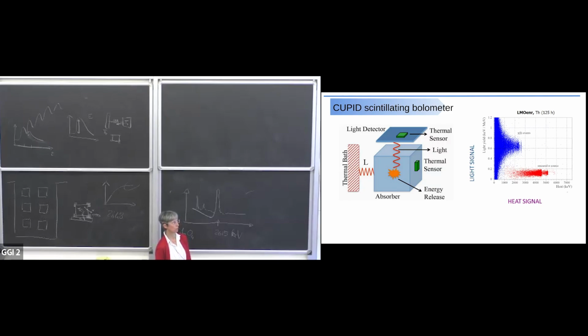And moreover, often we do not use directly the light yield, but we just use a pulse shape parameter in the light, because also the shape of the light signal is a bit different. And then keep in mind that the amount of energy in this case of the light yield is very, very small for this detector, okay?